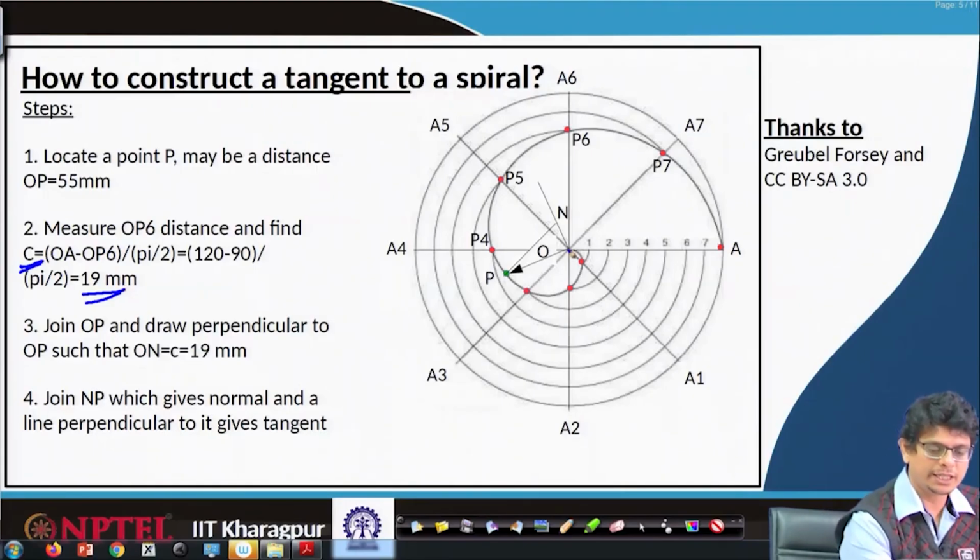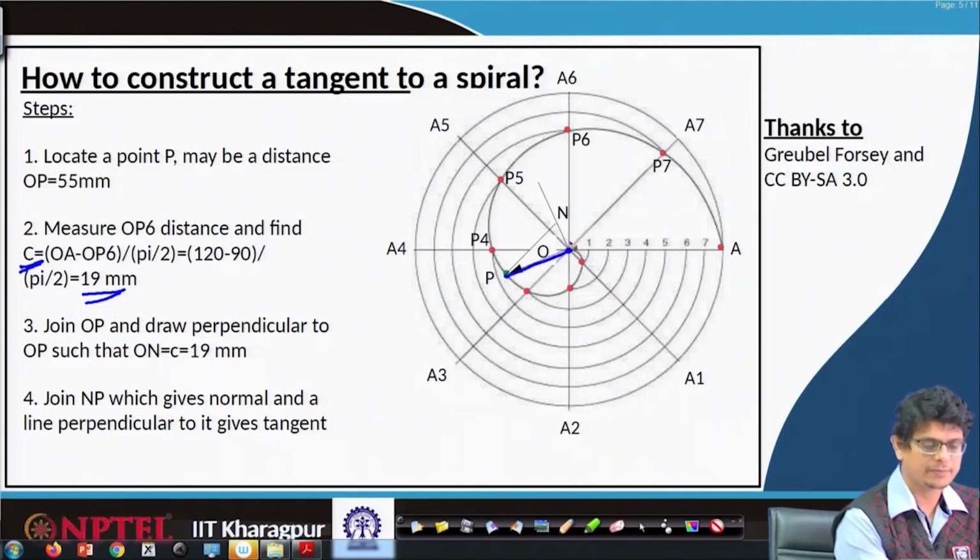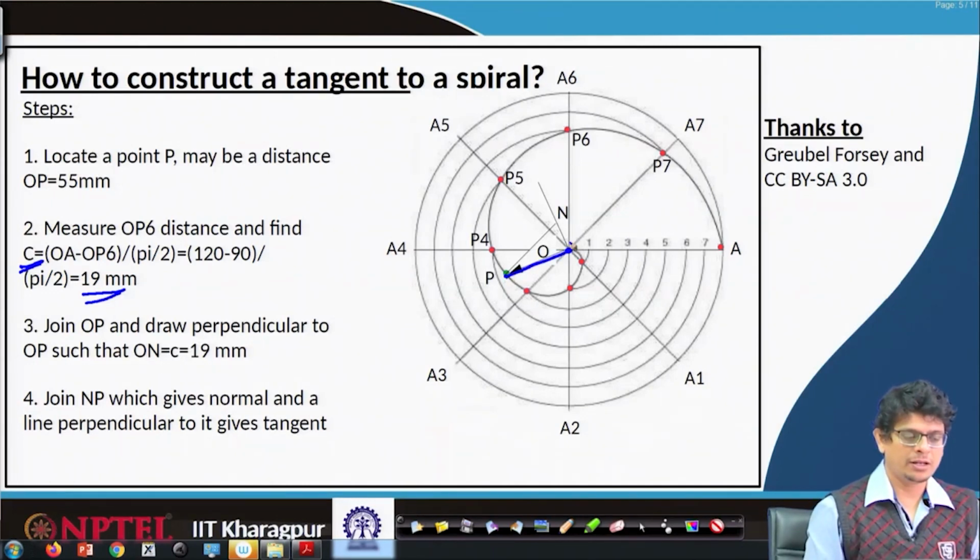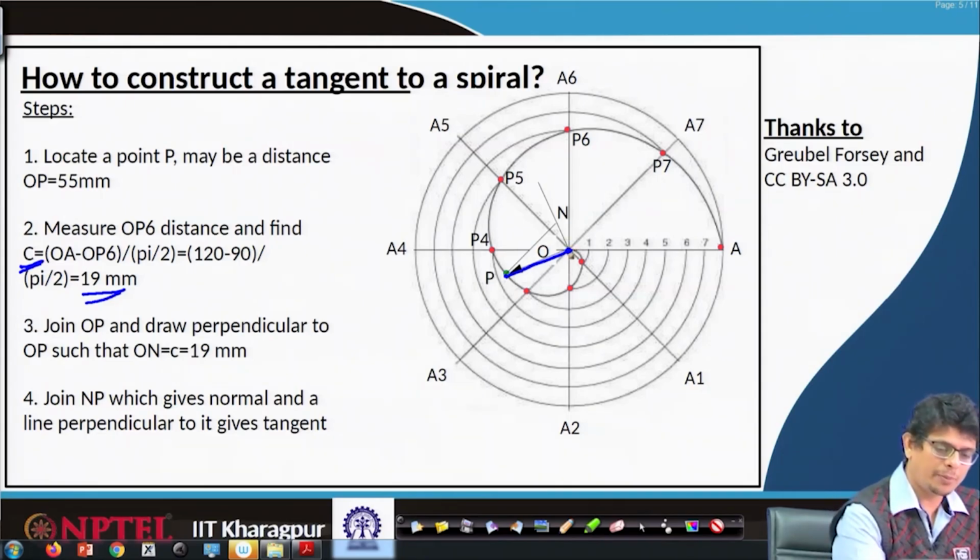Now, from center O to P, join a line and draw a perpendicular line to OP in such a way that we measure this distance of 19 mm.